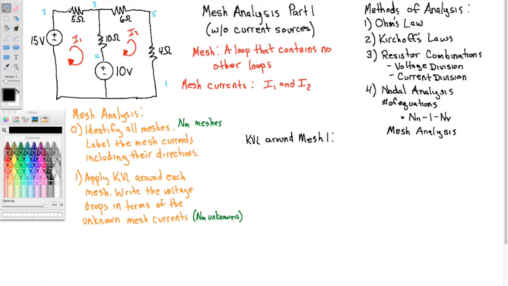So if I1 is going through it, the voltage drop from node 2 to node 3 from Ohm's law is 5 ohms times I1.